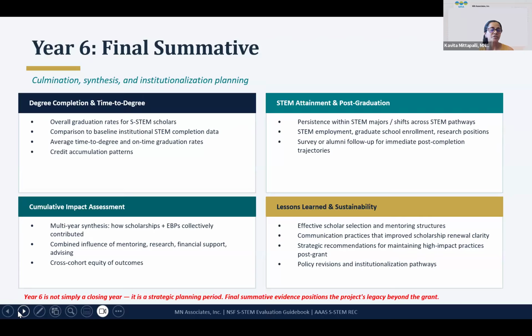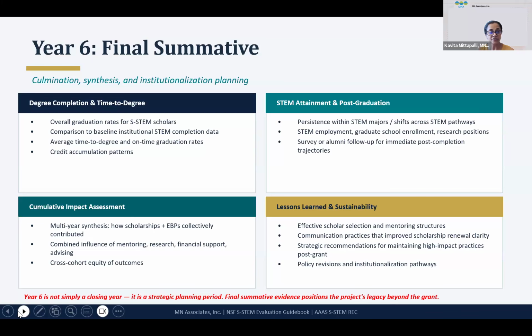It is a bridge to institutionalization. The project's legacy is shaped not just by graduation or retention numbers, but by which mentoring structures, advising protocols, and cohort models get embedded in the department. So this is also the institutionalization process, right?